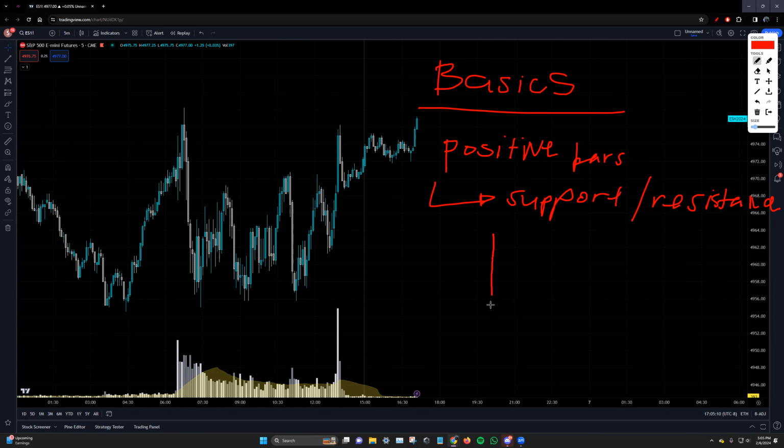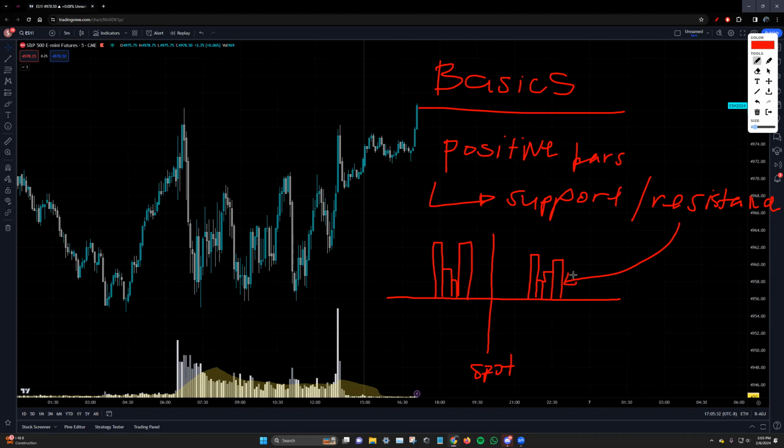Spot price is right here, and you have some bars up here, smaller bars, and then you also have positive bars down here. These are going to be the resistance, and these are going to be your support. Just depends on the approach.